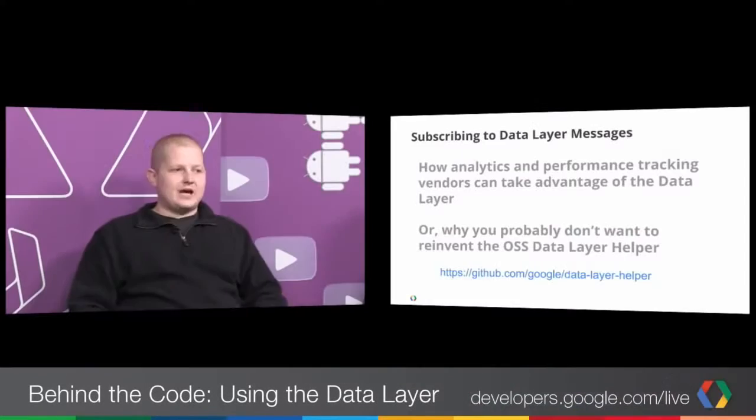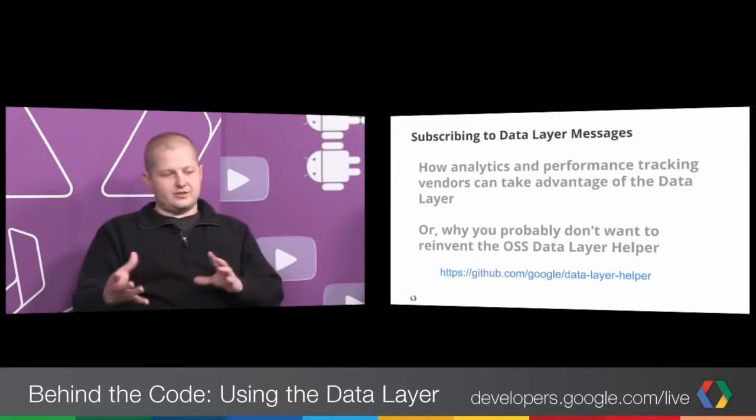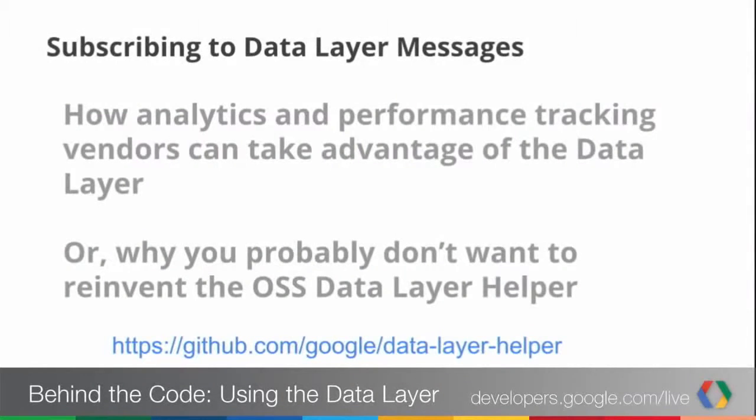So this gets into how vendors actually consume the messages that are being pushed onto the data layer. And now is probably a good time to talk about something Lucas was mentioning, which is the abstract data model underneath. For each message, you're going to pass in some key value pairs.